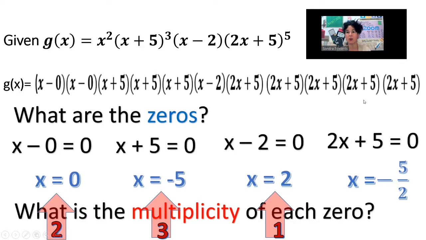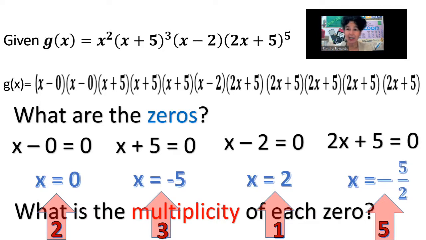Okay, so 0 and x-intercept, they mean the same thing. So what is the multiplicity of the 0, negative 5 halves? Well, 2x plus 5 showed up 1, 2, 3, 4, 5 times. So that means its multiplicity is 5.